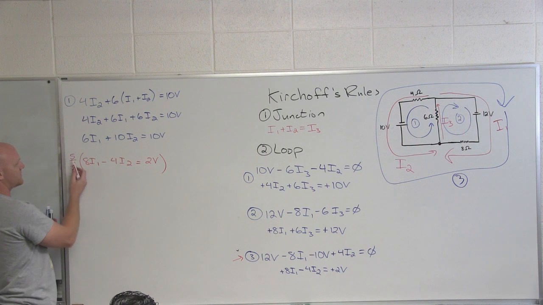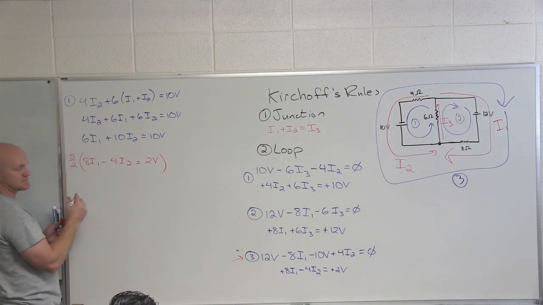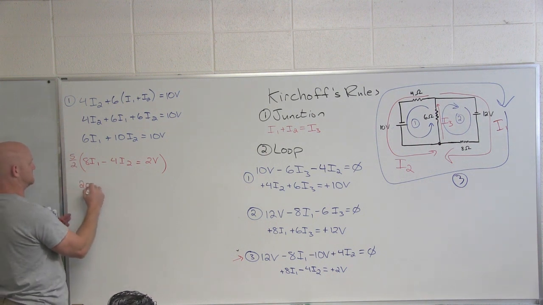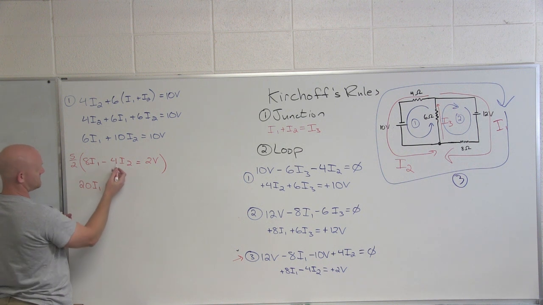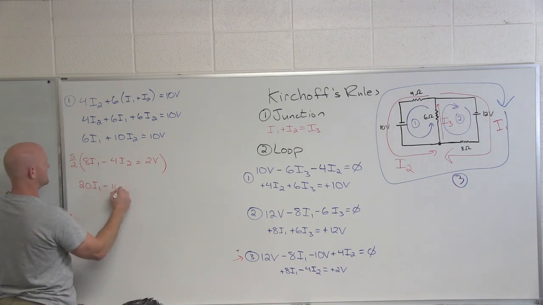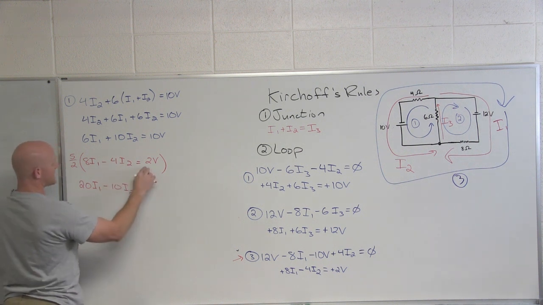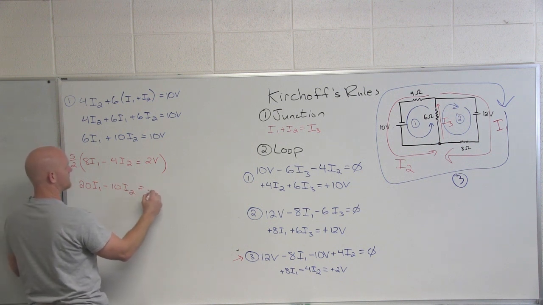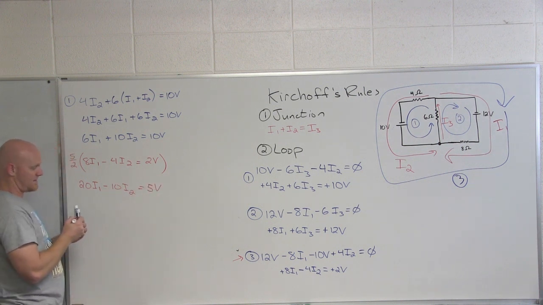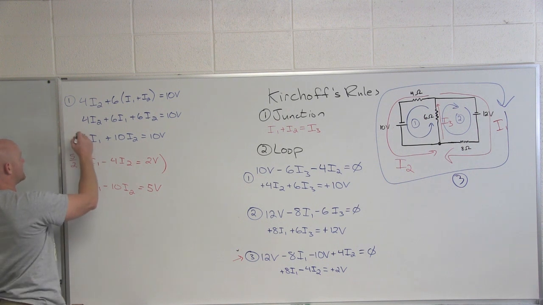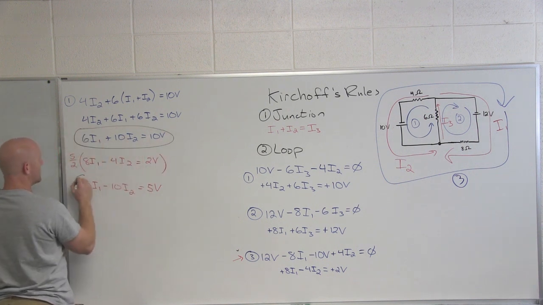So if we do that, what's 5 halves times 8? Cool. And then times 4 is negative 10I2. And then times 2 would be 5 volts.